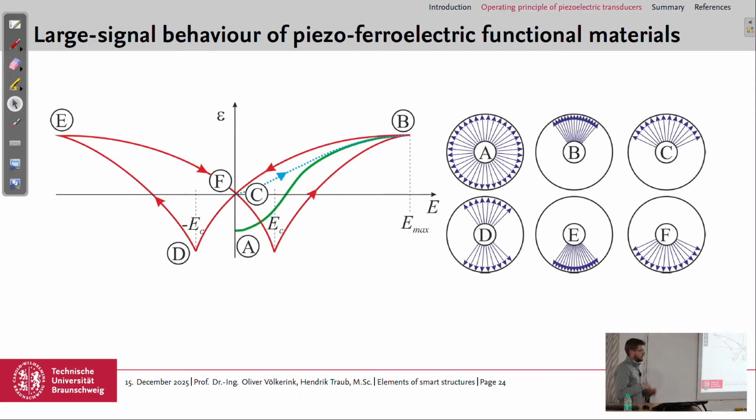There's another characteristic diagram. It's called the butterfly curve because it looks similar to a butterfly, which has again the x-axis with the electric field, but now on the y-axis we have the elongation epsilon and not the polarization anymore.